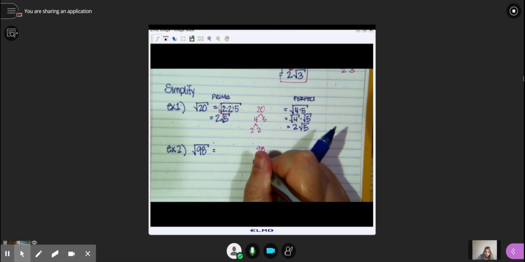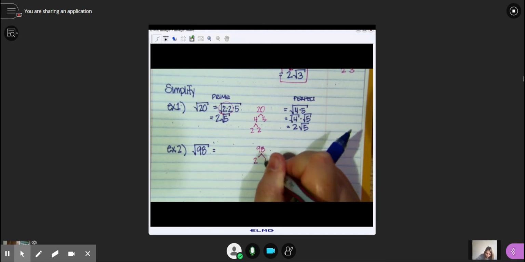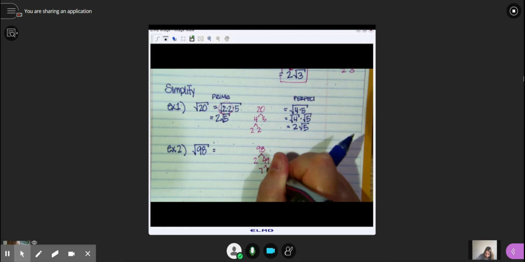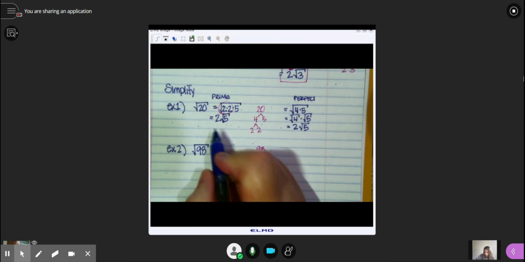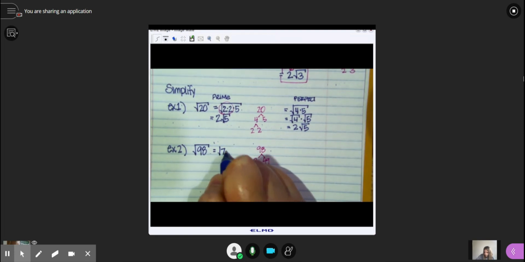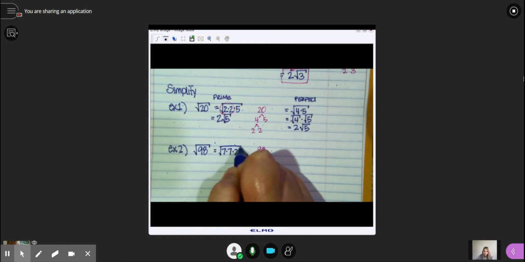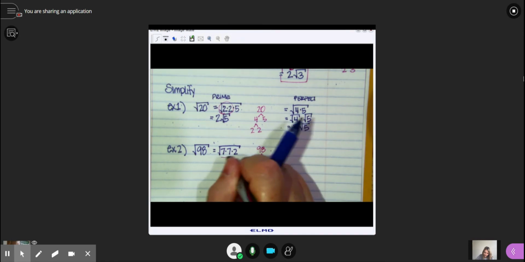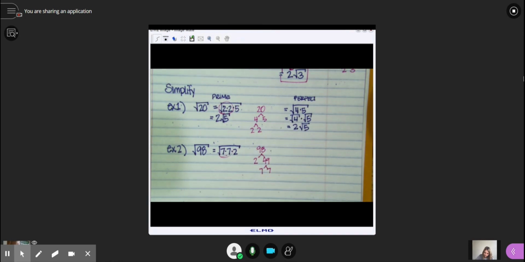And because it's even, I can do a 2 times 49. Other way around. What do you have 2 of? I have 2 7s. So that would be 7 square roots of 2.